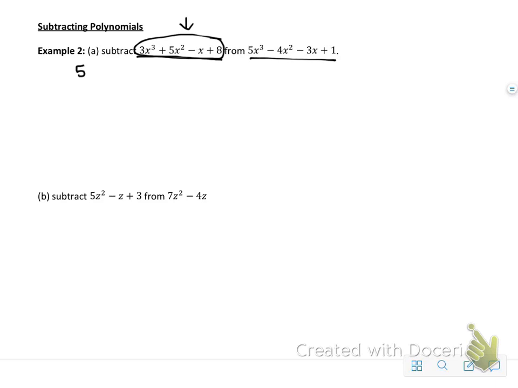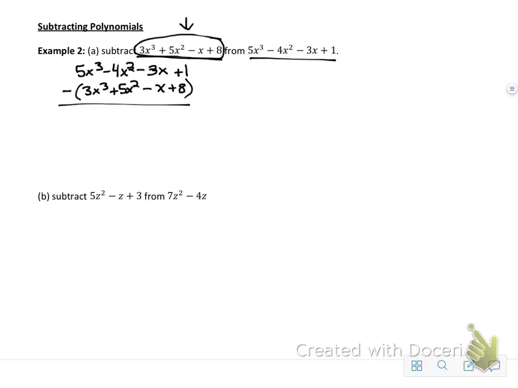So we have our 5x cubed minus 4x squared minus 3x plus 1. And then we're subtracting, so we need that negative. Then we have our 3x cubed plus 5x squared minus x plus 8.